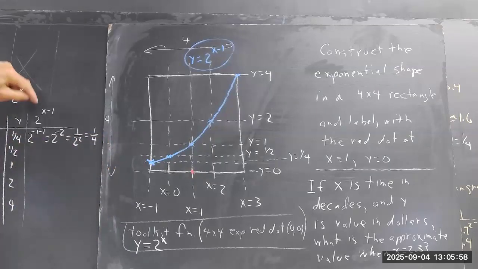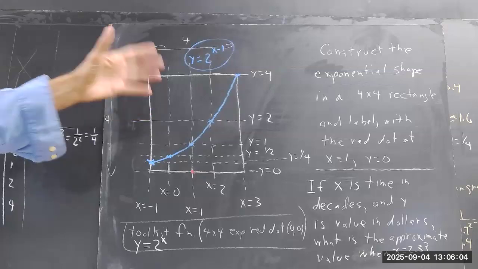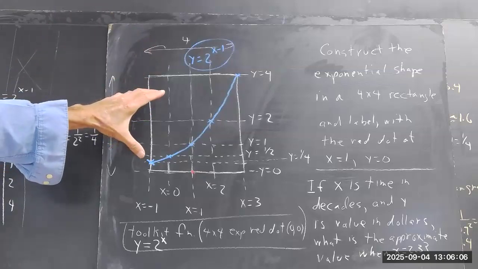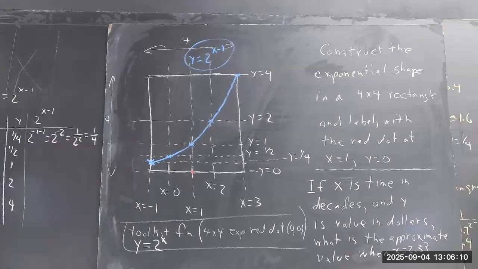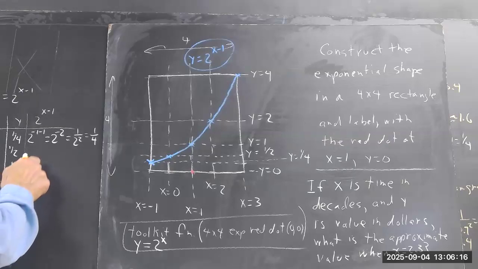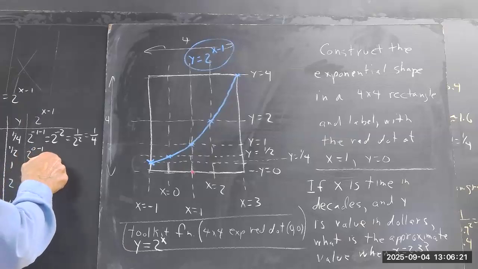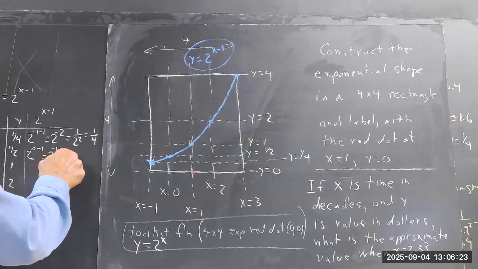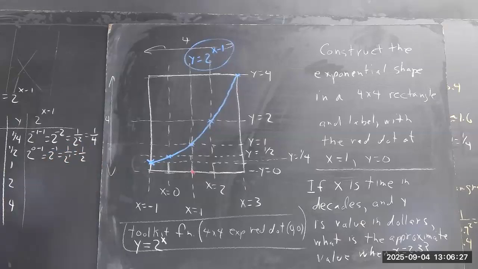This calculation with this function totally agrees with what we know from reality, which is a construction without any mathematics on it, except halfway. It's the only math you've got to know to do that construction, halfway. Okay, when x is 0, well, 2 to the x minus 1 would be 2 to the 0 minus 1, which is 2 to the -1, which is 1 over 2 to the 1, which is 1/2.